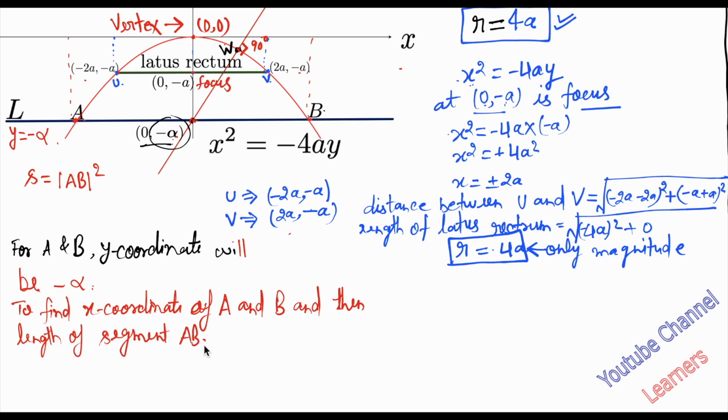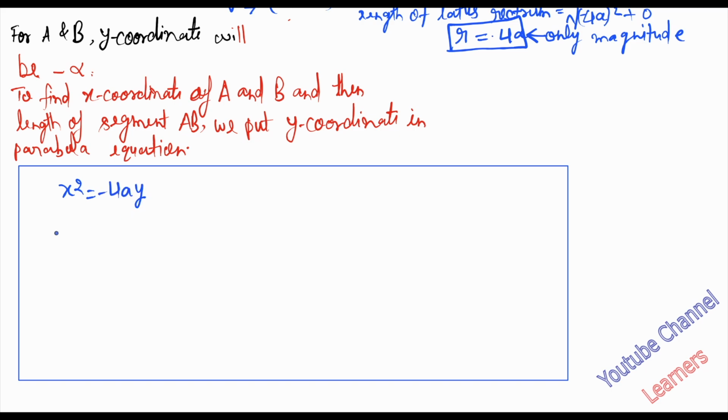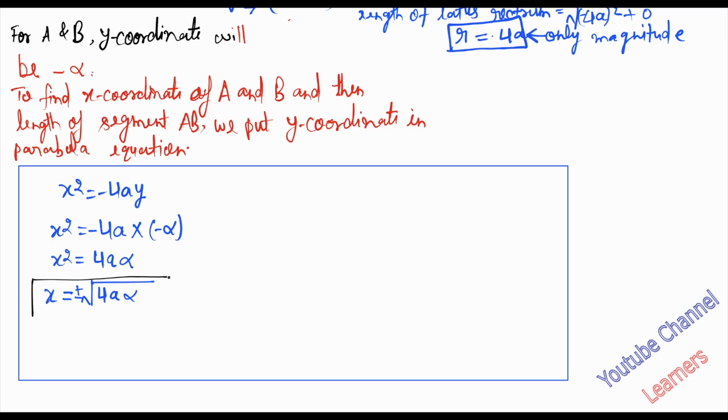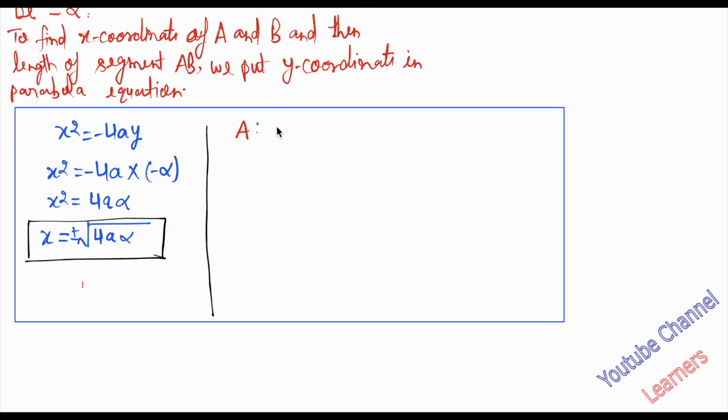To find the x coordinates of A and B and then the length of segment AB, we put the y coordinate in the parabola equation, just as we did to find the length of the latus rectum. So we put the value of the y coordinate, which equals minus alpha. We find the x coordinates of A and B.